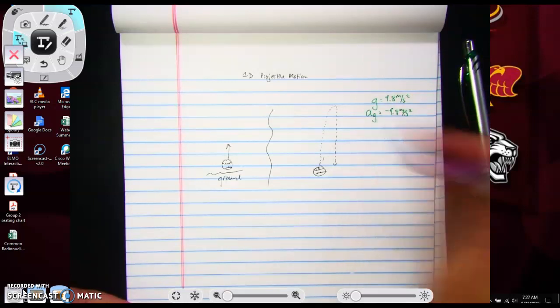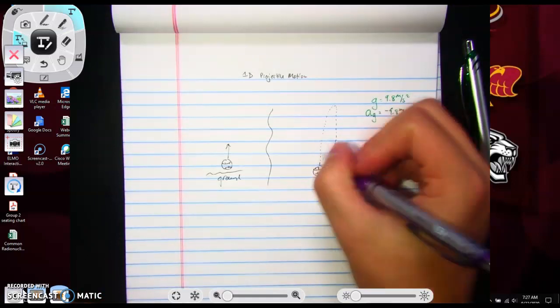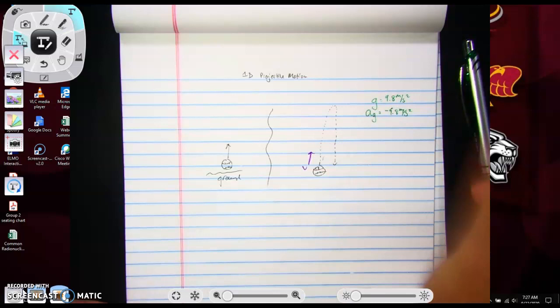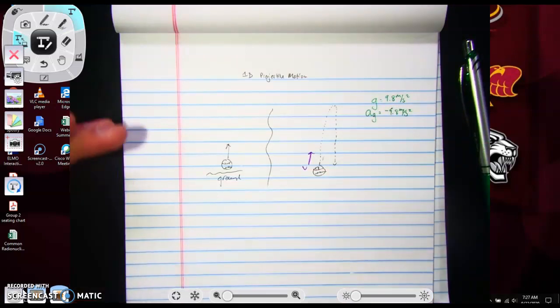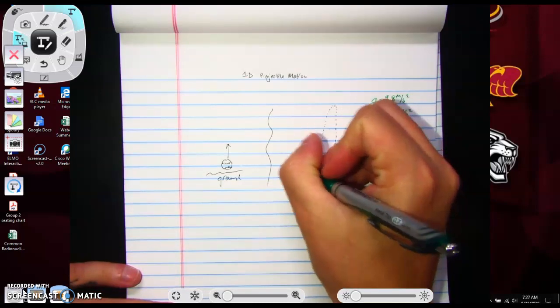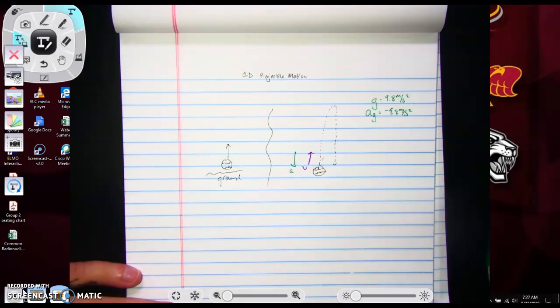So, the moment the ball is thrown up, well, if it's thrown up, there has to be some velocity. So there's some velocity vector v, that'll be in purple. Also, there is some acceleration vector, put that in green, a, always constantly pushing down against the ball.